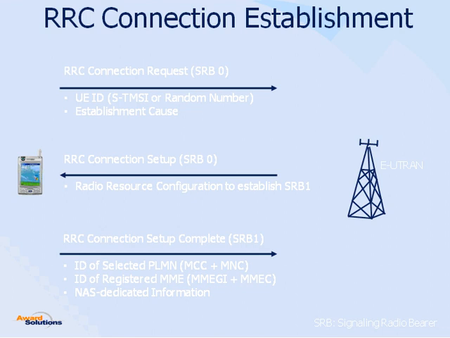So as part of the random access, we mentioned that we are establishing the RRC connection. So we are sending this RRC connection request, and that is supposed to be going over so-called SRB0. SRB is nothing but the signaling radio bearer.